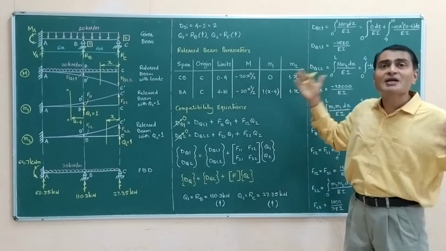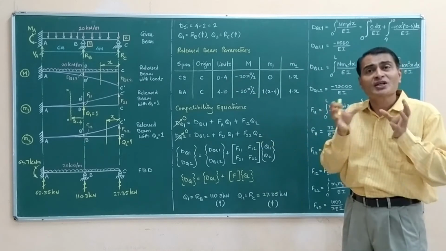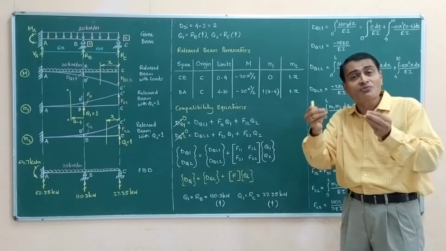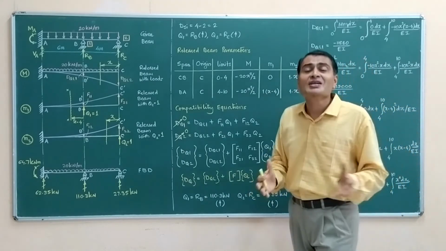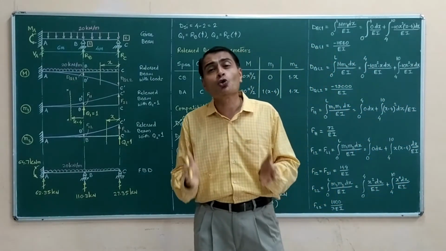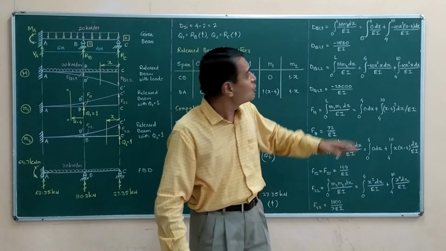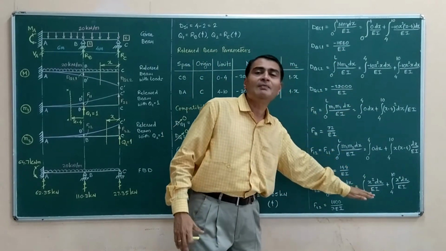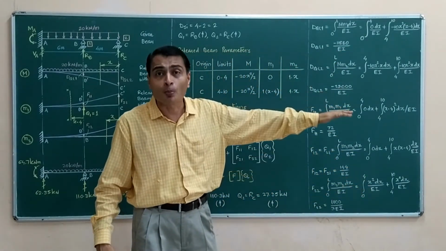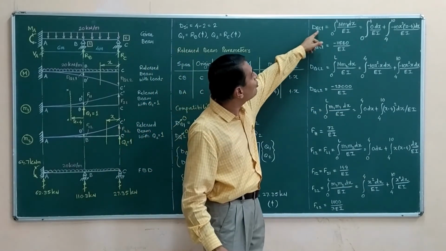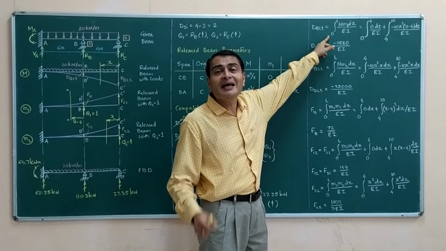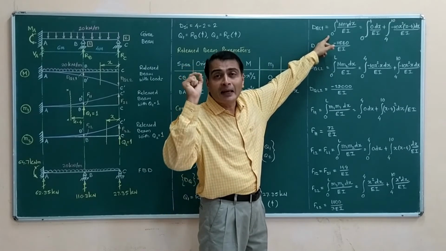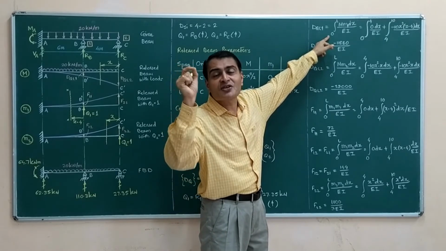Great. Once the bending moments are in place for the different spans, for the different diagrams M, M1, M2, then what remains is very simple unit load integration calculations. Those I have shown separately in the extreme right column of our board. I am writing dql1 is equal to integral 0 to L capital M M1 dx upon EI.